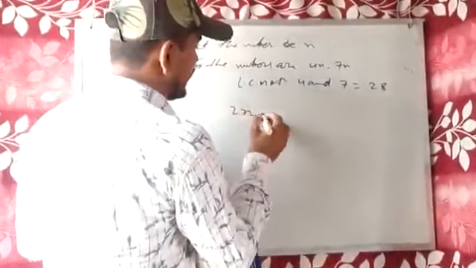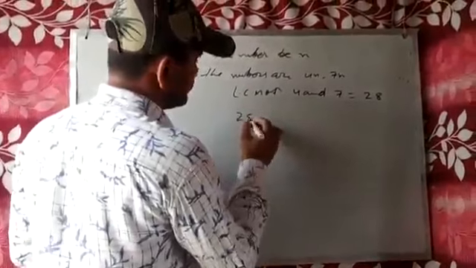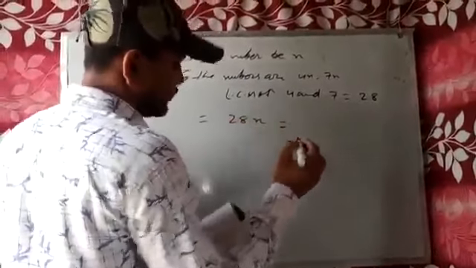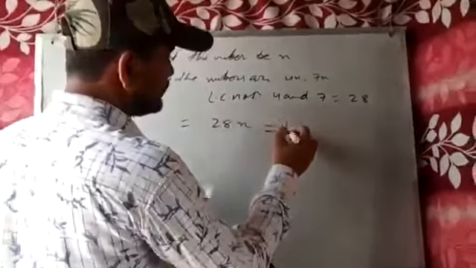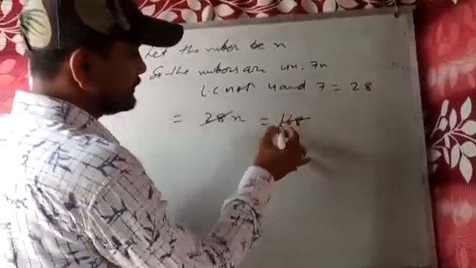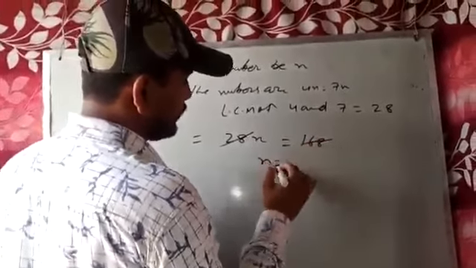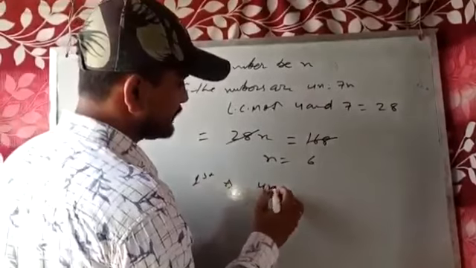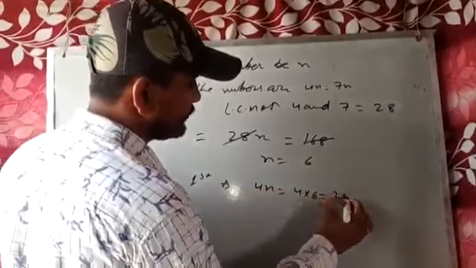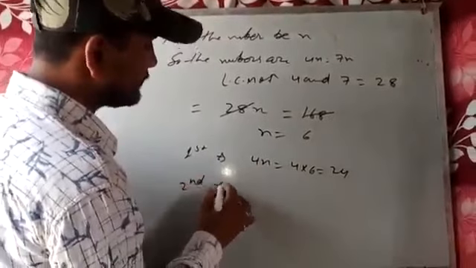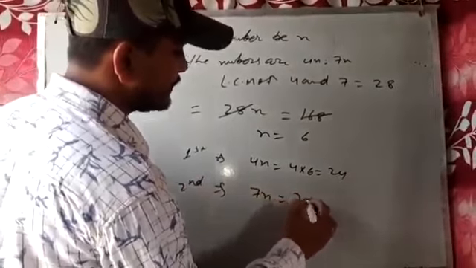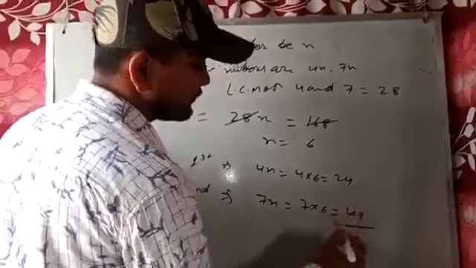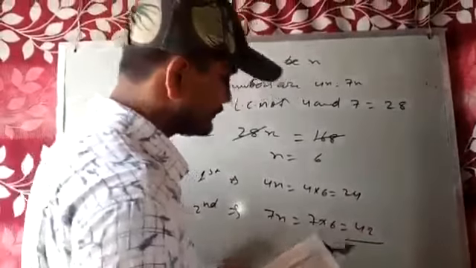So we can write 28x is equal to 168. We can cut 6 times. So the value of x is equal to 6. So the first number is 4x, that means 4 into 6 equal to 24, and the second number is 7x, that means 7 into 6 equal to 42.